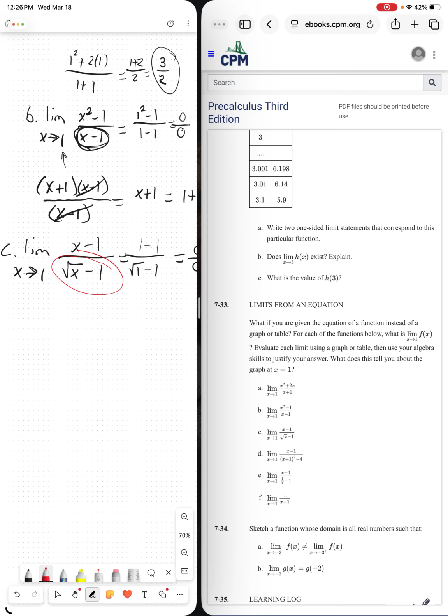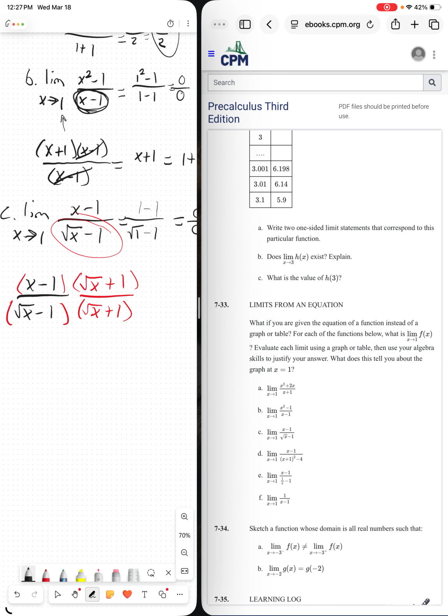So we're going to go x minus 1 over square root of x minus 1 times square root of x plus 1 over square root of x plus 1. So just leave the top. The denominator is going to become x minus 1, and then that's going to cancel. So we have square root of x plus 1. Plug in 1, and we get 2.